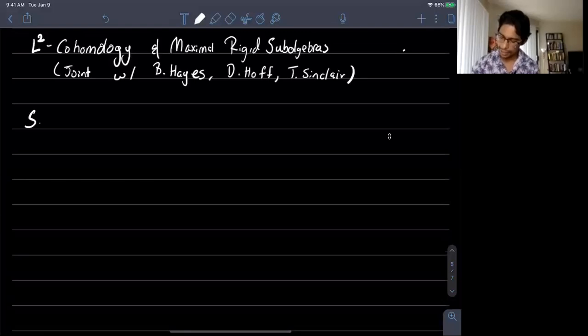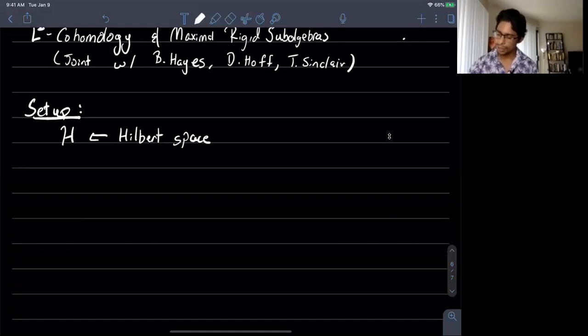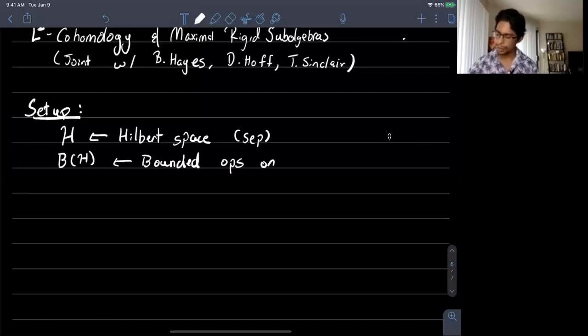So the setup that we're going to be working in is the following. Whenever I write the symbol H, this will represent some sort of Hilbert space. Usually it's going to be a separable Hilbert space, unless it's not. B of H will be the bounded operators on that Hilbert space.